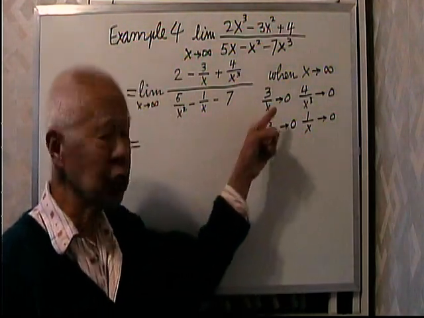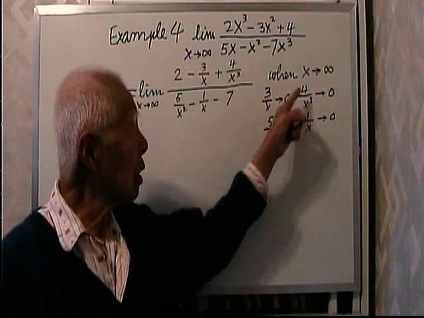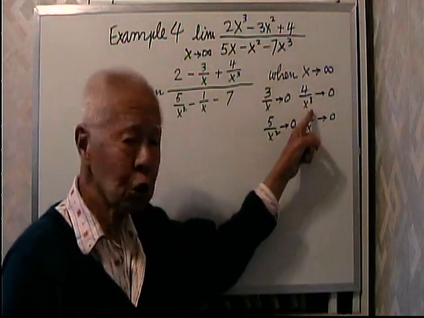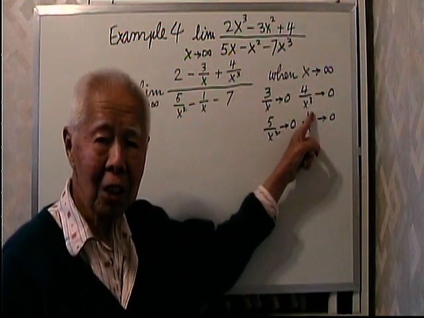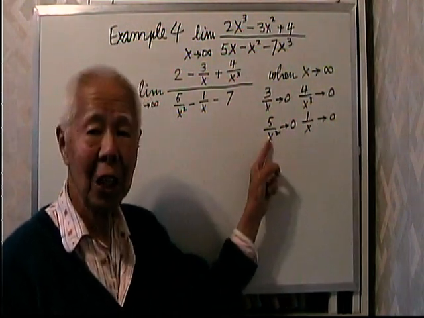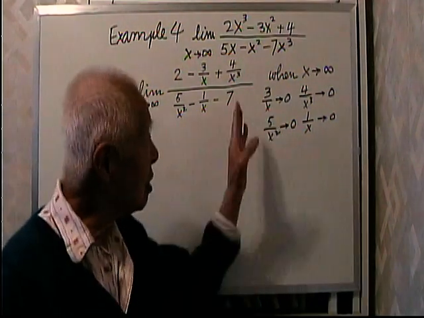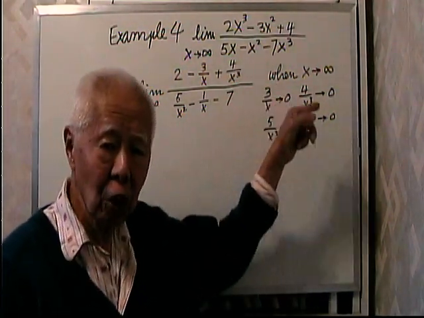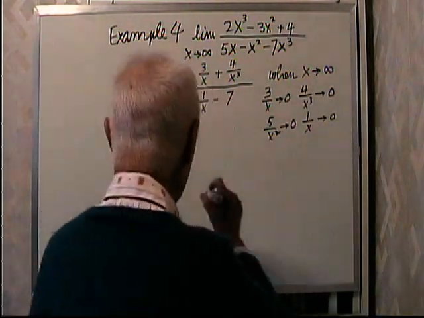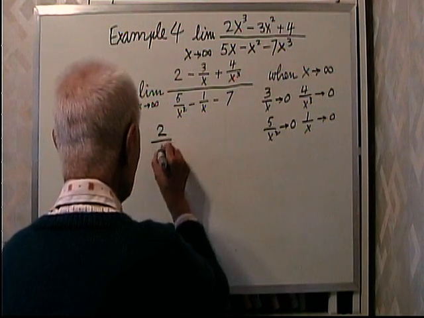So this is almost 0, right? 4 over a very, very large number cubed, it becomes almost 0. Similarly, this becomes almost 0, this becomes almost 0. Therefore, if you take the limit x goes to infinity, all these become 0.